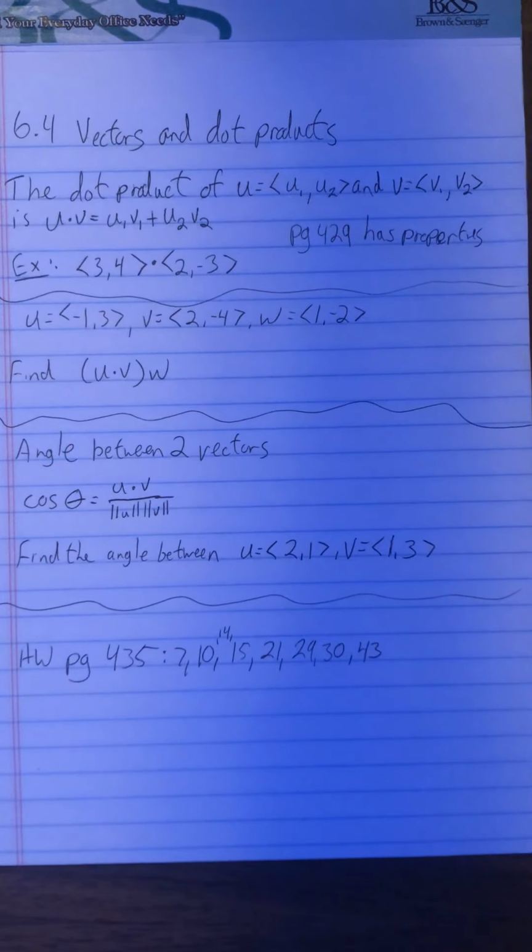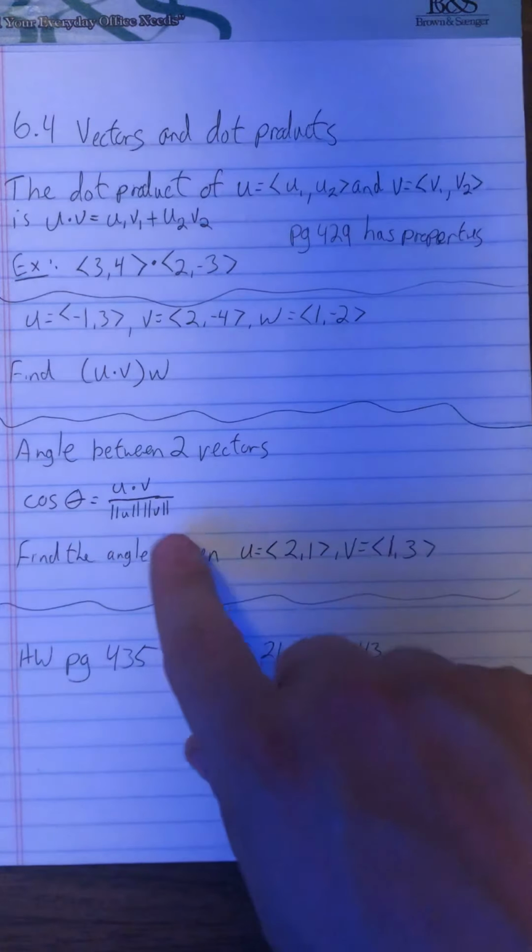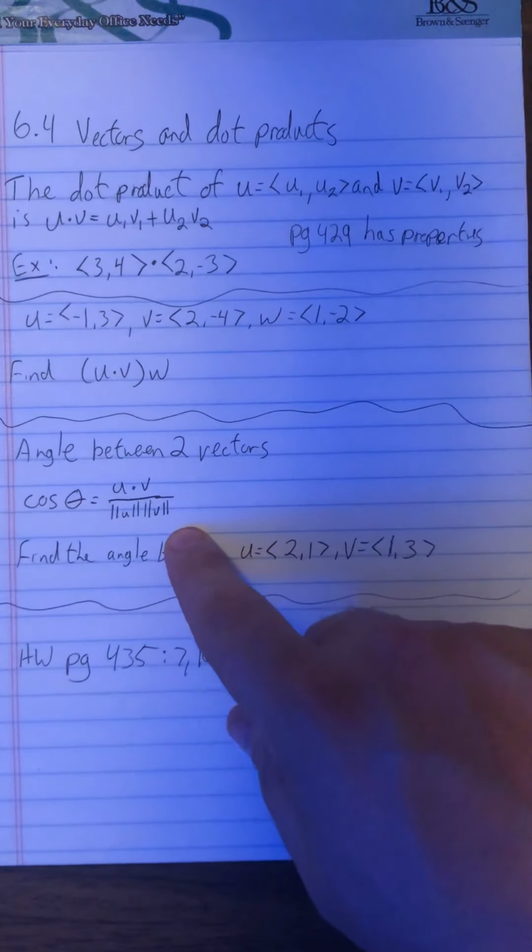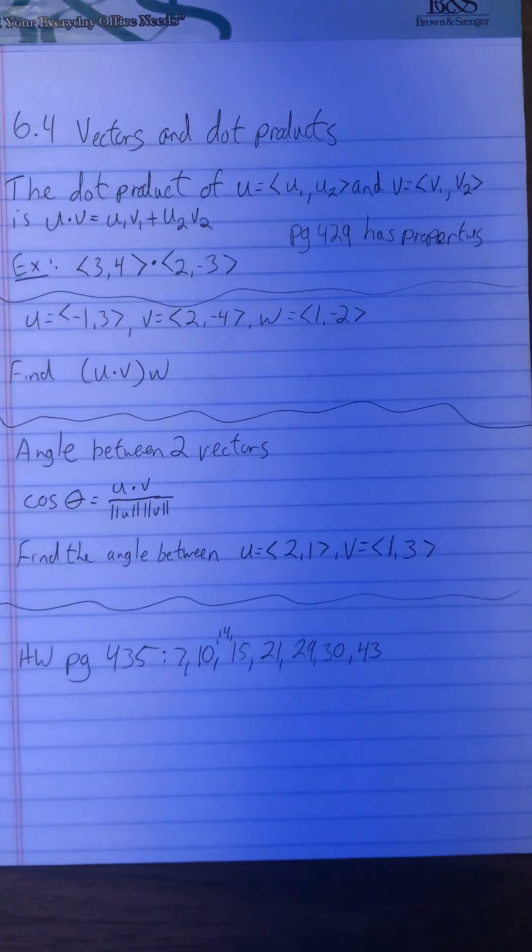So the cosine of theta is equal to u dot v over magnitude u times magnitude v. This formula right here we're going to use quite a bit. Make sure you have it in mind so that we can find the angle between two vectors.